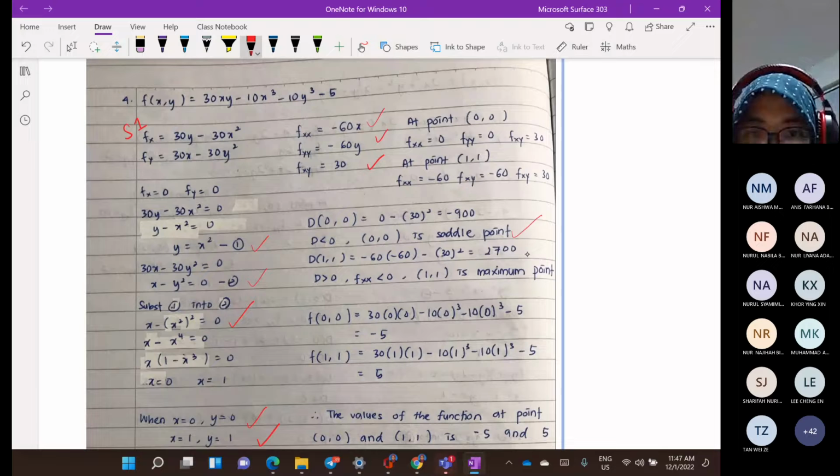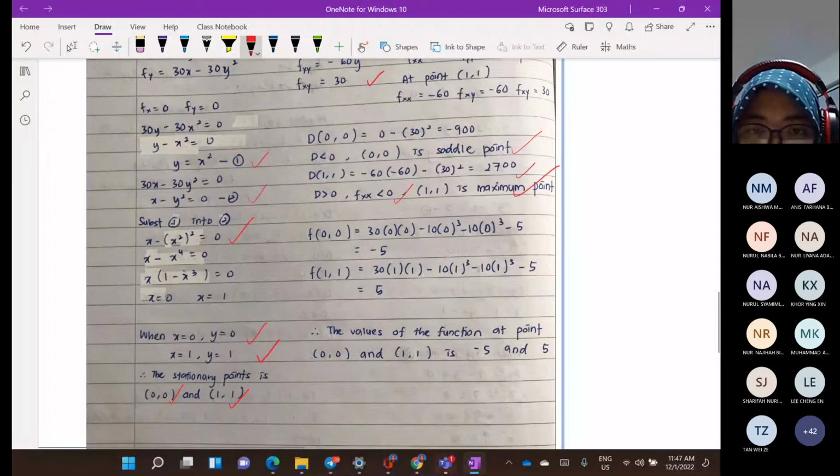Lepas tu dia buat test untuk point (1, 1) pula, dia guna test yang sama, dia dapat nilai positif, which is 2700. So D is greater than 0 dengan fxx is less than 0, so dia adalah maximum point. Then soalan tu minta value of the function at the point.